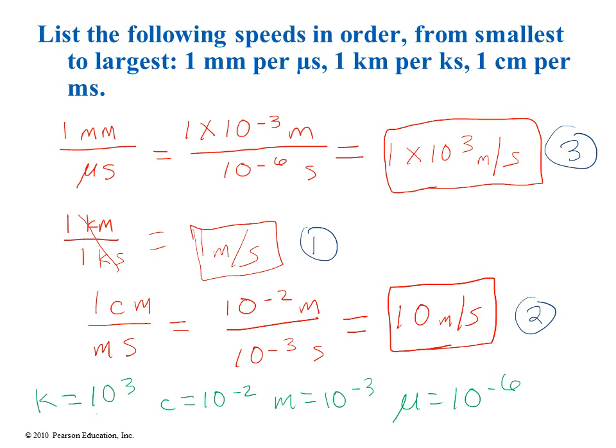And here we go, 1 millimeter per microsecond. For milli, I know it's 10 to the negative 3. So I just put 10 to the negative 3, and then I put meters on there because we're still using the MKS system here in physics. M is for meters, K is for kilograms, and S for seconds. We haven't gotten to kilograms yet. We'll get into that when we get to forces. Microseconds. So micro is 10 to the negative 6 seconds.